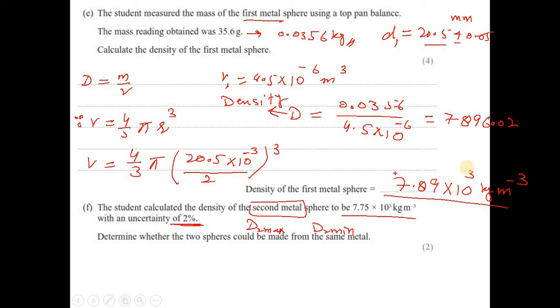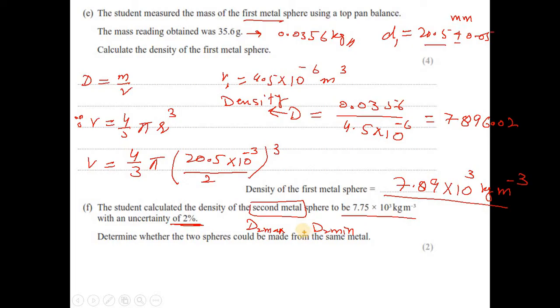Then we compare whether our calculated density of the first sphere lies between this range. If this density lies between the maximum and minimum densities of the second one, we can say that yes, indeed there's a chance that the first sphere is made of the same metal.